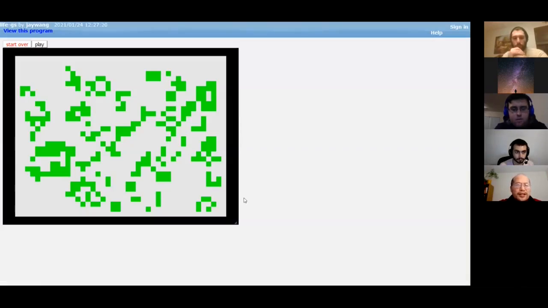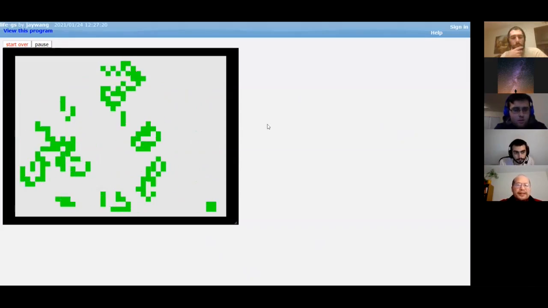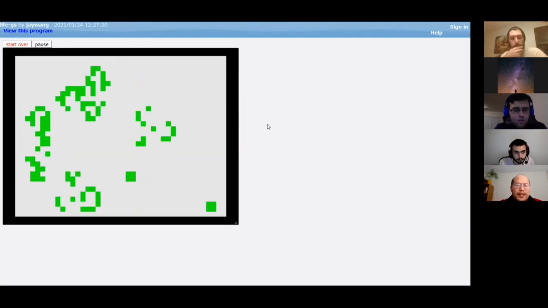Last, I want to close with this simulation. In fact, only in the last few days, my collaborator and I have worked on it. Nobody else has seen it, so we're the first to see this. This is the so-called Game of Life.